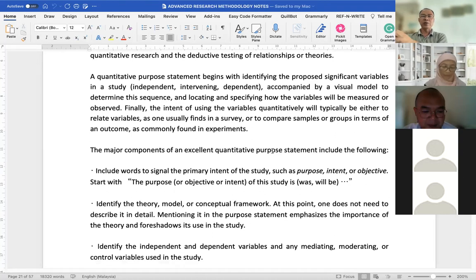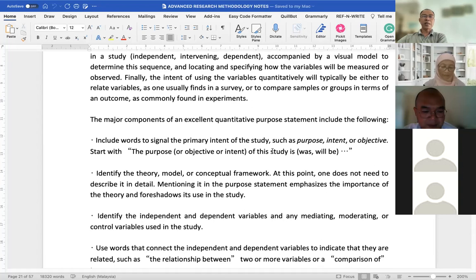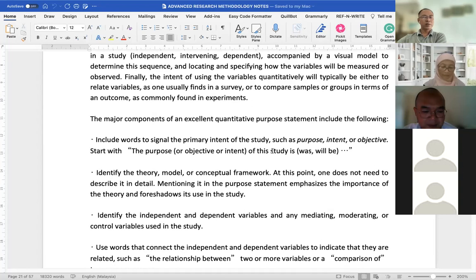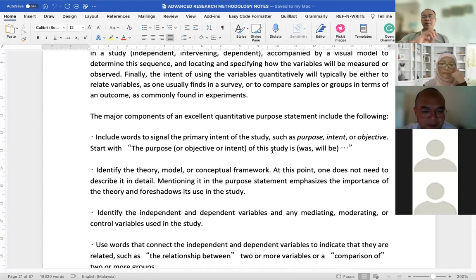So in experiments, usually they compare samples or groups, but in our study, usually we show the causal relationship. Yeah, the causal relationships mean the cause and effect. This variable will have an impact or will influence the other variables.